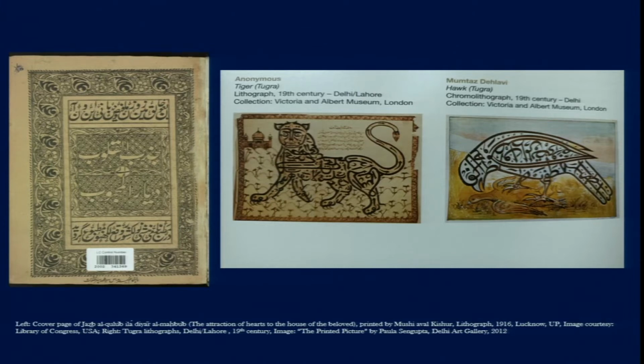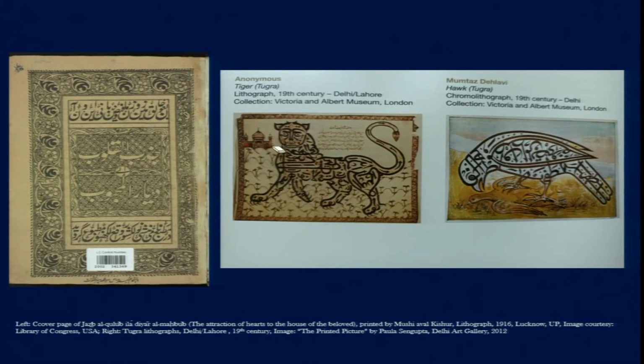Now coming back to the Tugra lithographs, what we find here is this image of a tiger and a hawk. In the image of the tiger, we see how this tiger stands on a hilly landscape, and then there is Islamic architecture in the background, where there are two minars and then one high dome depicted.